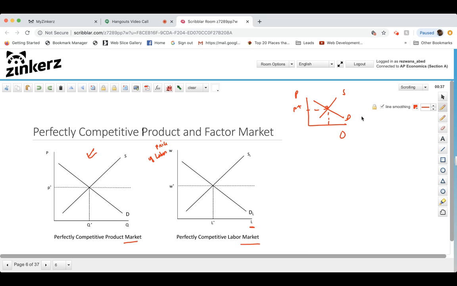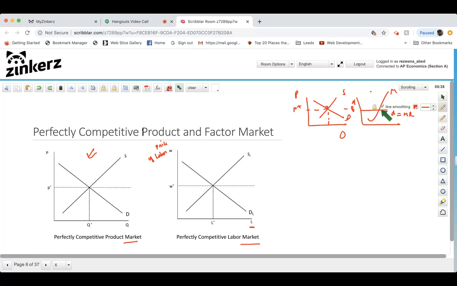And then the firm: we said firms were price takers in perfect competition, so we extended this price, because they had to accept the market price as given, and this was also their demand, equal to their marginal revenue, and then there was marginal cost. From there we determined the profit maximizing quantity that is going to be produced in this market.